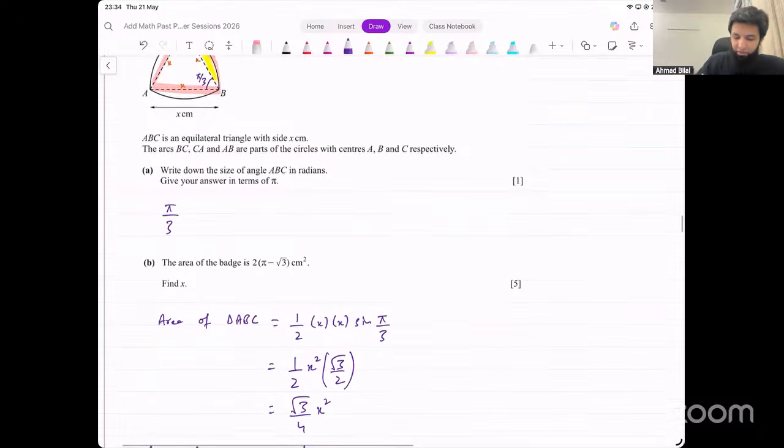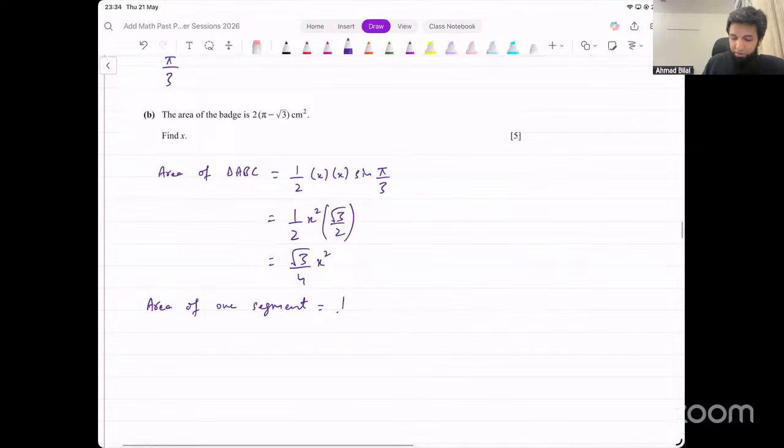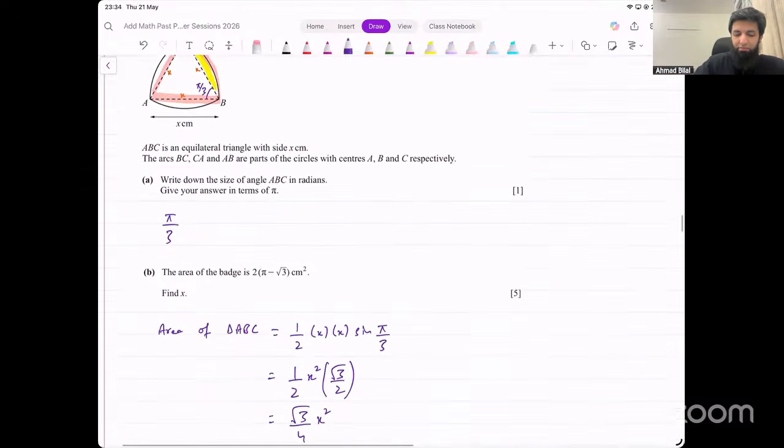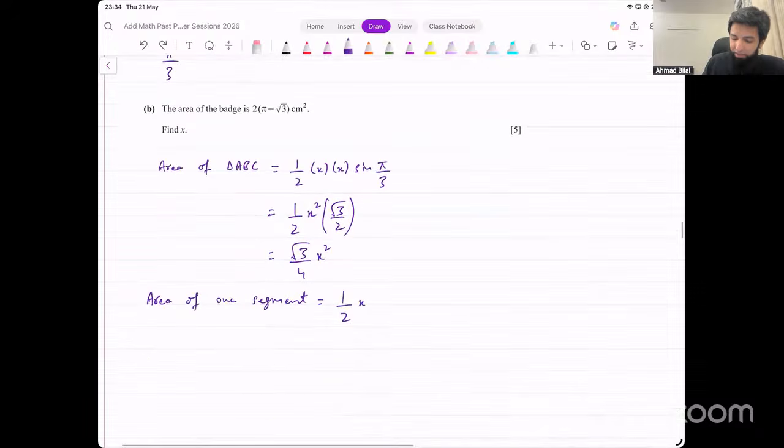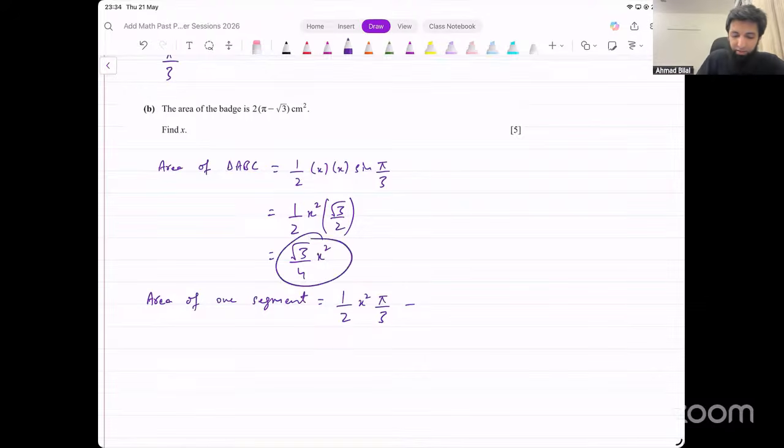Area of sector, which is half r squared theta, right? What's the radius of this sector? It will be x, right? x is the radius of that sector. So you can say half x squared into the angle, which is pi over 3, minus area of the triangle. What's the area of the triangle? We found that earlier. That's root 3 over 4 times x squared.